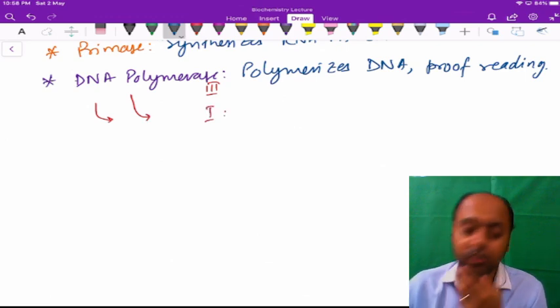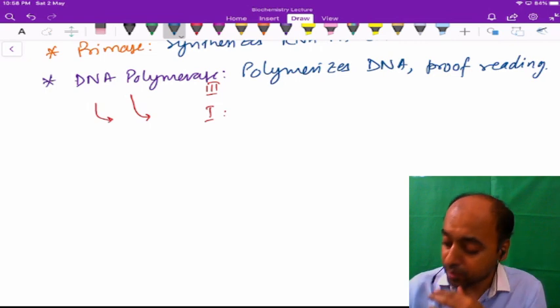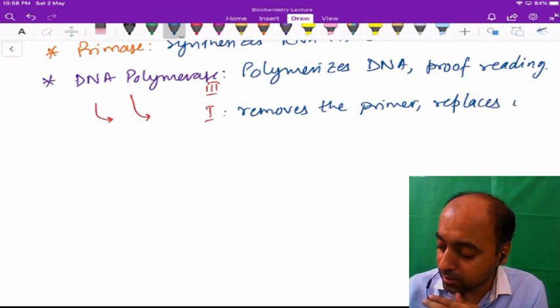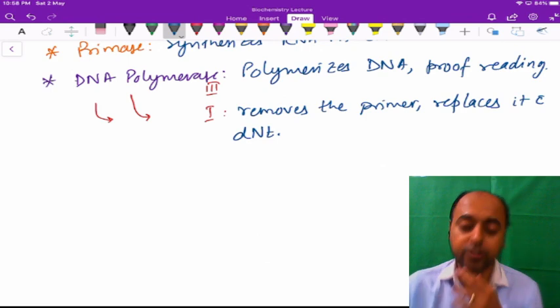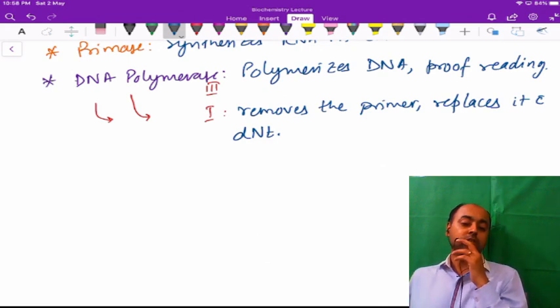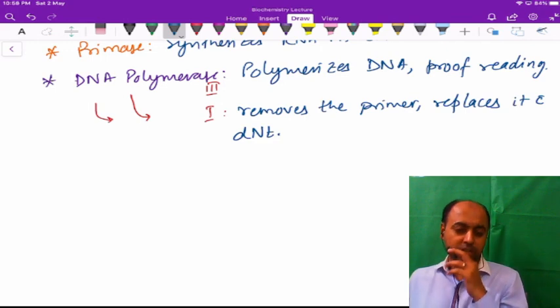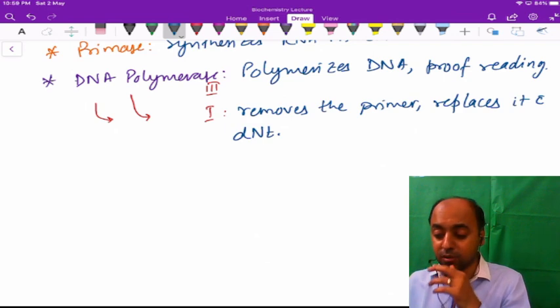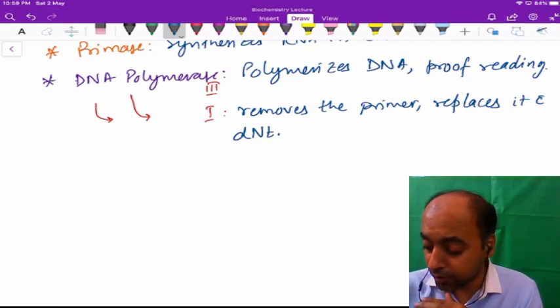DNA polymerase type 1 has a very specific function. It removes the primer and replaces it with deoxynucleotides. DNA polymerase 3 will mainly cause polymerization of DNA and the proofreading, whereas DNA polymerase 1 will primarily cause the removal of primer and replacing it by the deoxynucleotide.